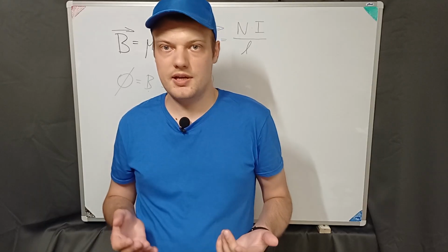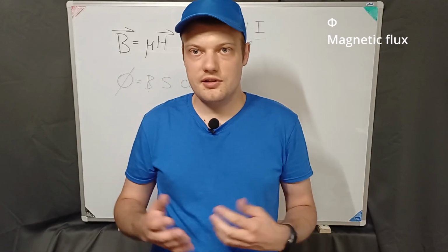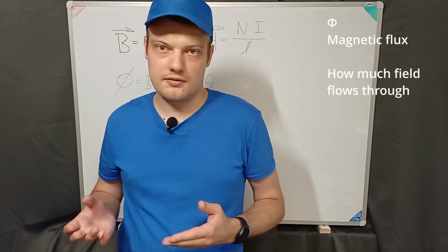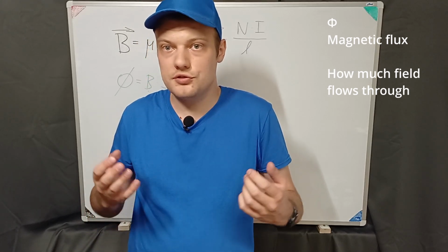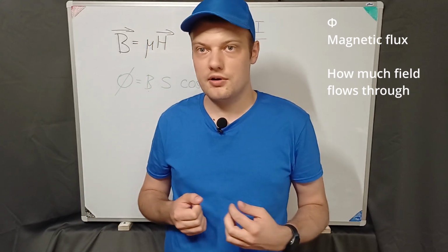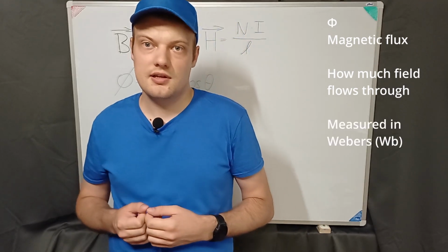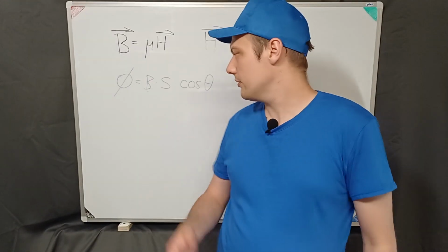Next up, magnetic flux, denoted phi. This tells us how many magnetic field lines pass through a given area. Like how much of the field flows through a wire loop or a piece of iron. It's measured in webers, named after Wilhelm Weber. The formula is here.